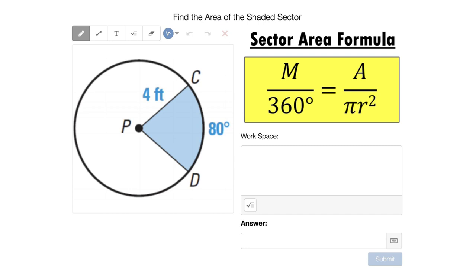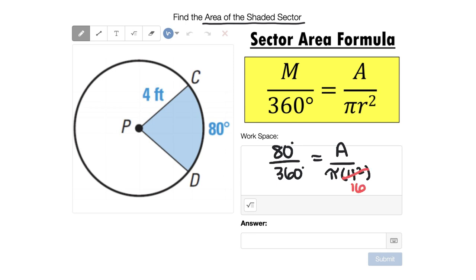Looking at this one, again, degrees compares to degrees. So 80 compares with 360. It tells us to do area of the shaded sector. So you do have to read the directions, but that's about it. Pi 4 squared. I would highly recommend changing this. So 4 squared is 16, so when you cross multiply, you don't mess up the squaring part.